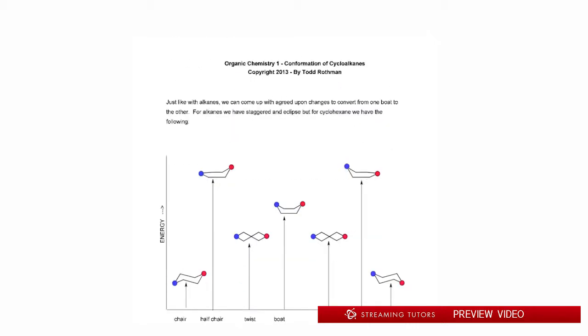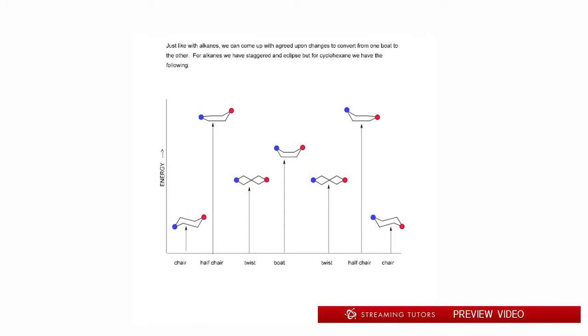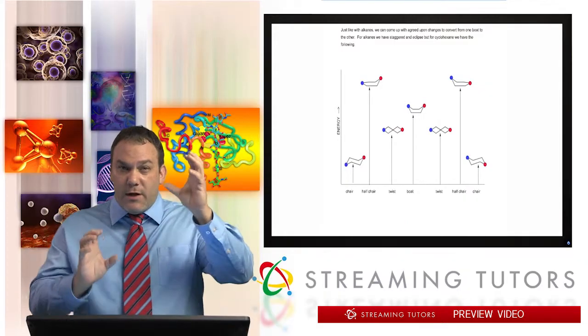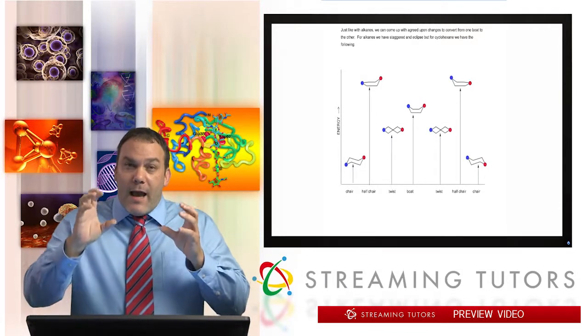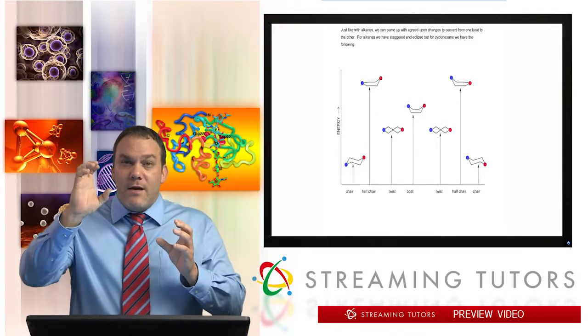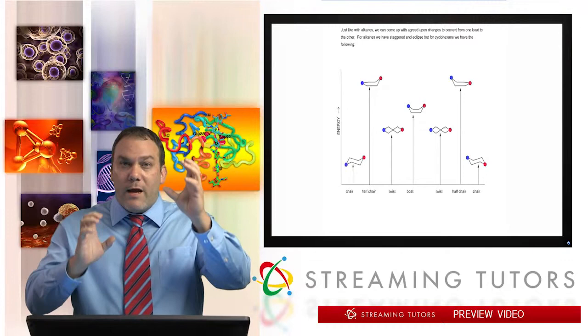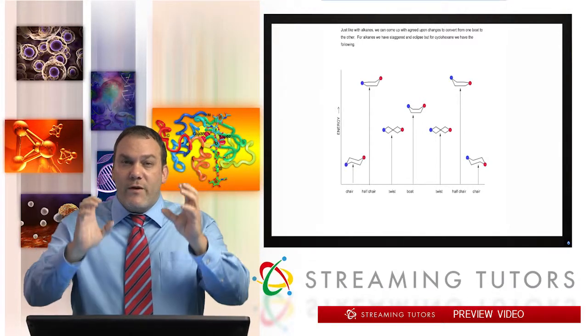Let's go ahead and talk about these energy changes. I just gave you the big picture. I told you how to go from one chair to another chair, so we can go back and forth, chair to chair. But there are things that happen in between. As I'm showing you, even with my hands, we could stop at any moment. Where will I be when my hands are moving up and down like that?